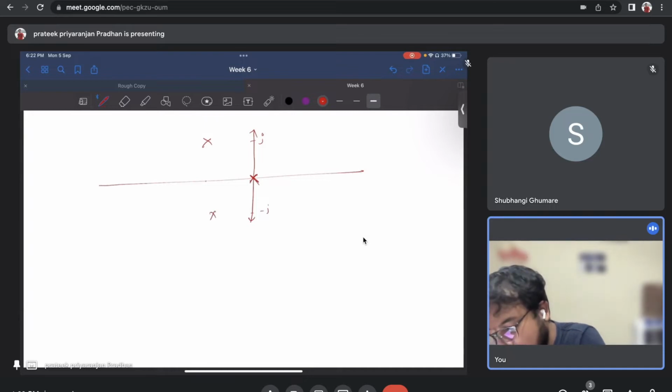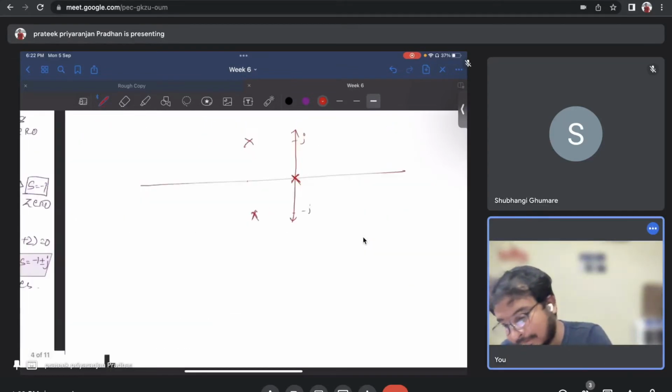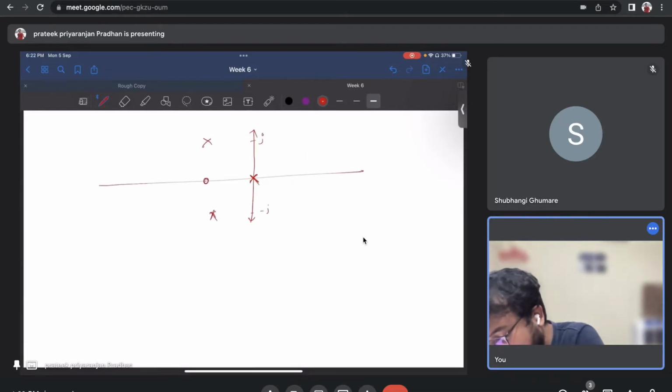So my poles will be here, and where is my zero? The zero is at minus 1. So this is my zero.